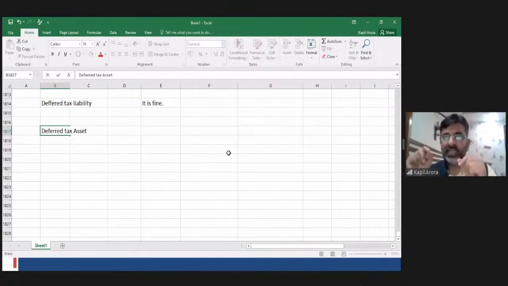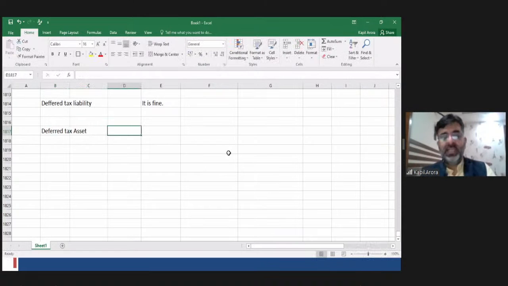I am not talking about whether I'll be able to recover or not. I am talking about that once it reverses, it will appear as an asset in the books. So I am showing deferred tax asset in the books.